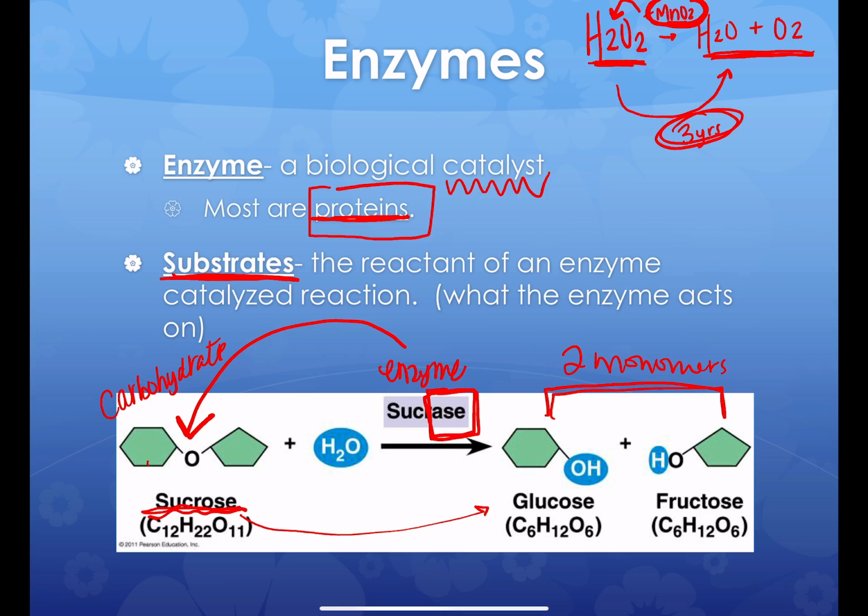So this is a complex sugar with more than one simple sugar, and then it's going to break it down. Okay, so the enzyme is here. What it acts on is always going to be on the reactant side of the equation, on the left side of the equation.